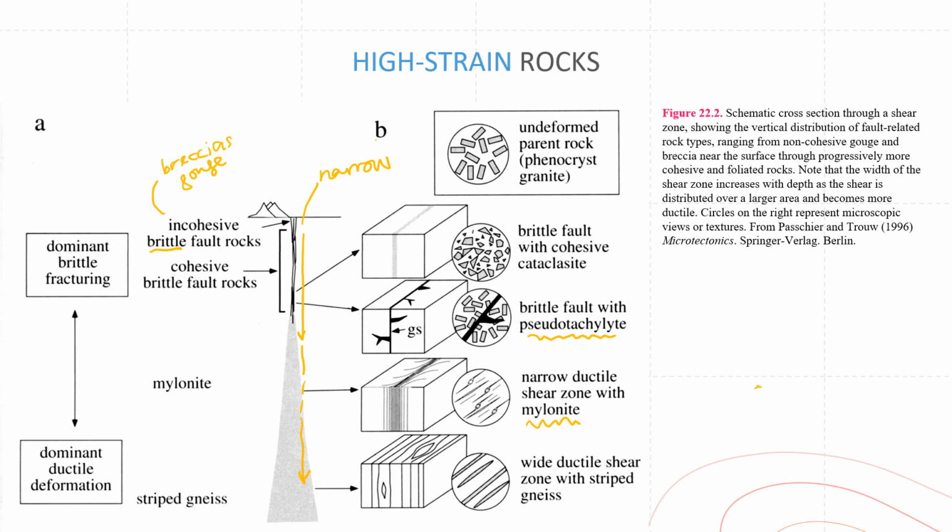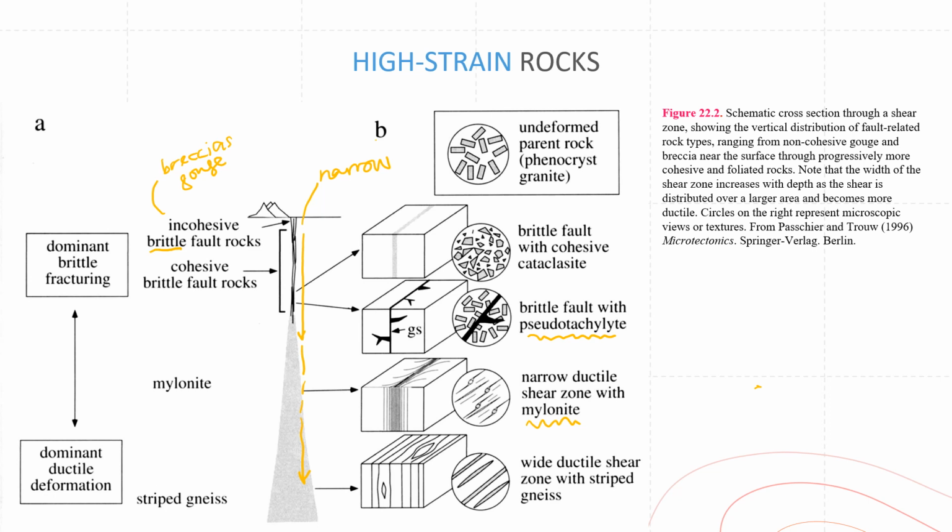You would find that it becomes more ductile, and it's more evenly distributed. This shear zone is more evenly distributed throughout the rock matrix, and at the greatest depth, the shear is distributed over a wide area, and it's not very intense at a specific place.